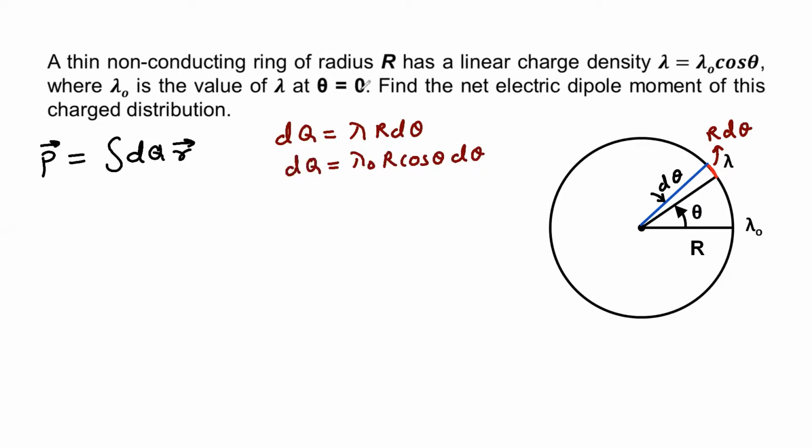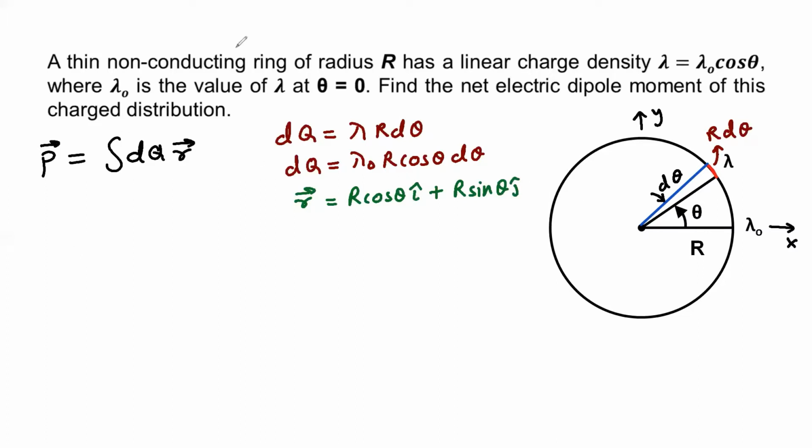Now what about r vector? What's the position vector of this particular element? The position vector, as you can see, is clearly r cos theta i cap, the component along this direction. Let's say that this is the x direction while this is the y direction. So r cos theta i cap plus r sin theta j cap.